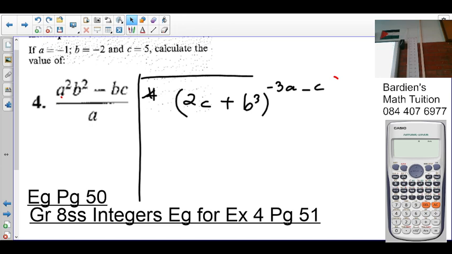I would like you guys to take that sum quickly. Sorry about that. It's supposed to have been negative 3b plus, minus c. Let's see how easy it is.